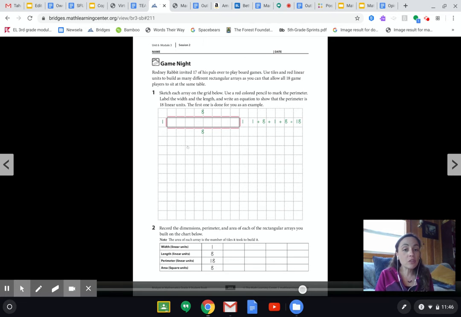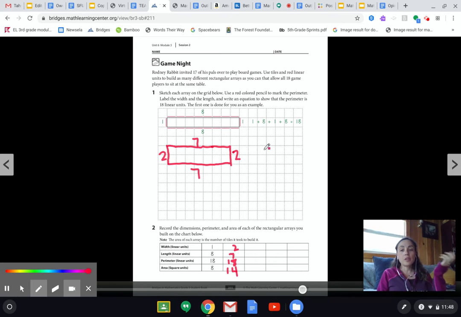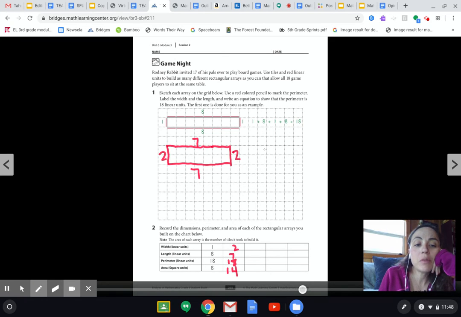So I'm going to just go ahead and draw one example. I can't really see your papers, unfortunately, so hopefully my example will help you understand if you completed this worksheet correctly. So here I went ahead and drew out a shape that I thought would work to fit all of the friends, so 18 players could sit at the same table.